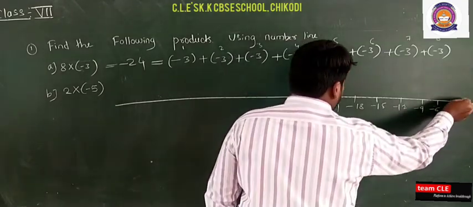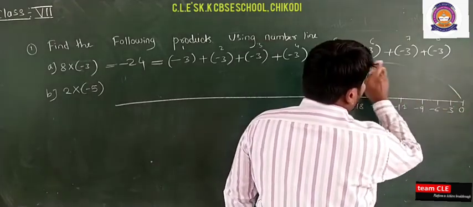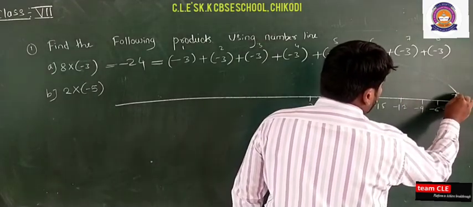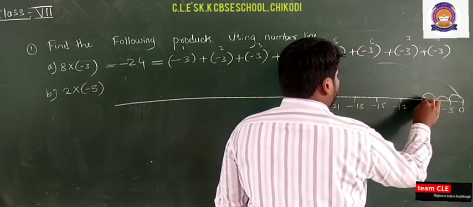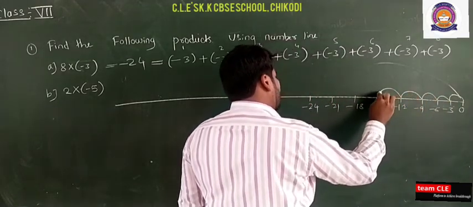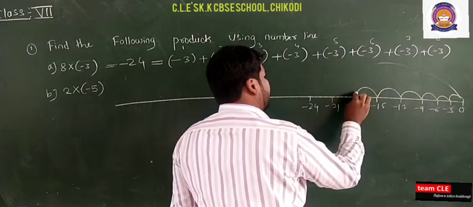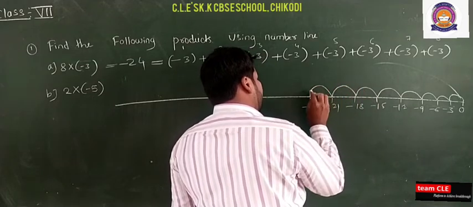It is from 0 to minus 3, minus 6, minus 9, minus 12, minus 15, minus 18, minus 21, minus 24.